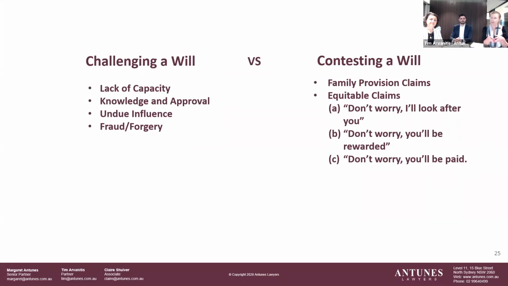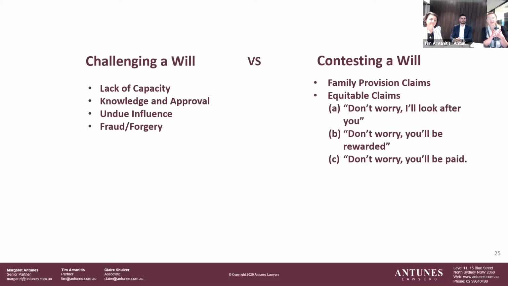If you're giving everything to one child and you have two children, that can be a very risky decision for the estate because that other child could make a claim. So you need to know and approve the contents of your will. That's another way that a beneficiary who's been left out of a will could challenge that will.